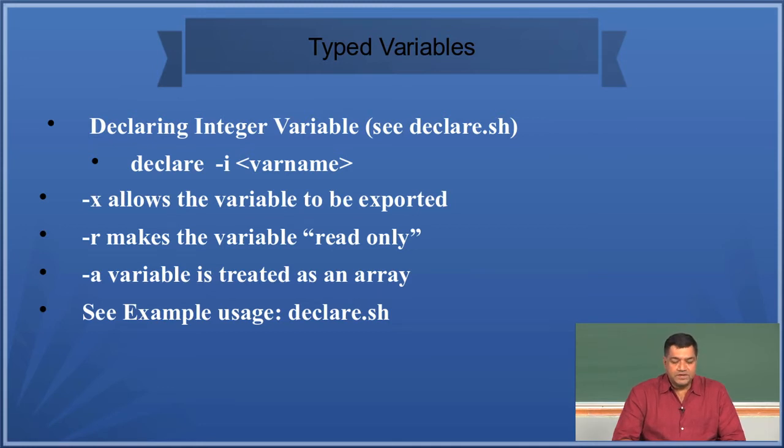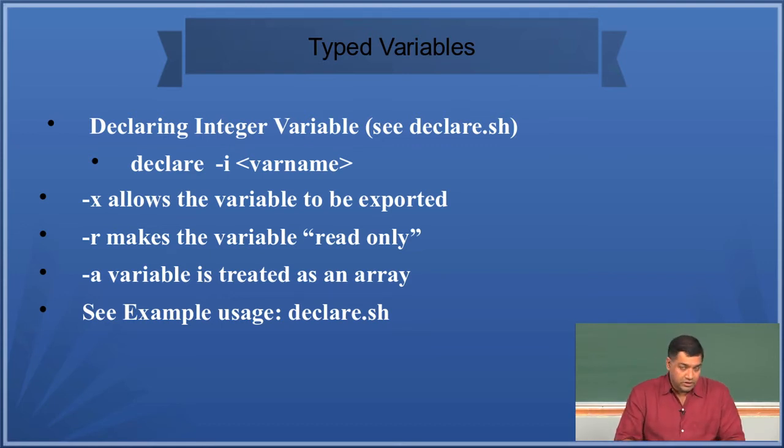What I can do is declare some variables to be integers by using a command such as declare space -i space and then whatever variables. The advantage of this is that you can overcome many of the problems associated with converting a variable from a string to an integer and then performing a lot of mathematical operations.